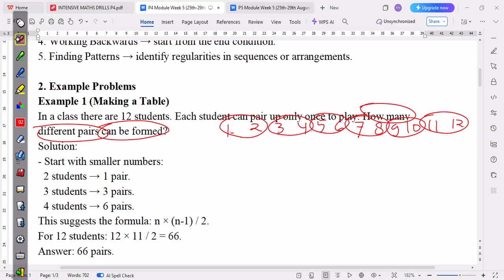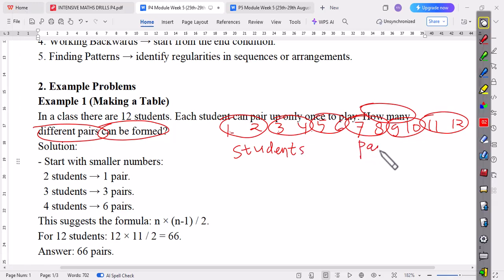We start from the students and pairs. Let's say we have two students, A and B. We can only form one pair, which is AB.